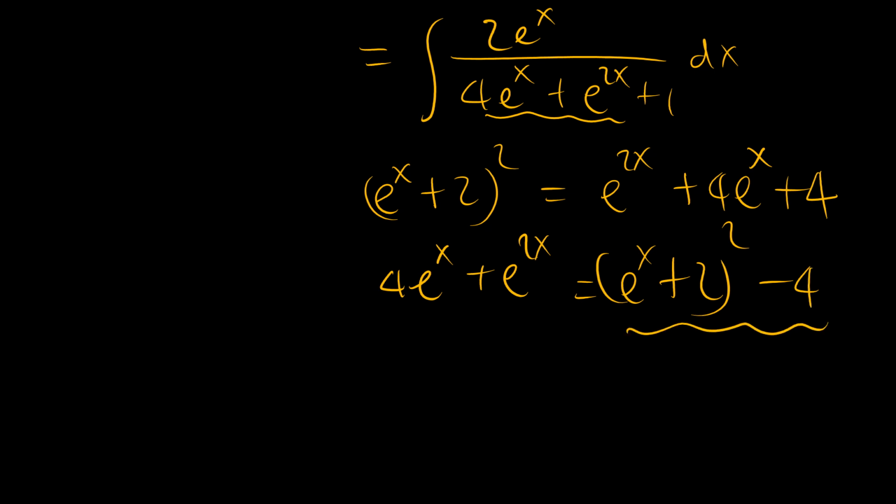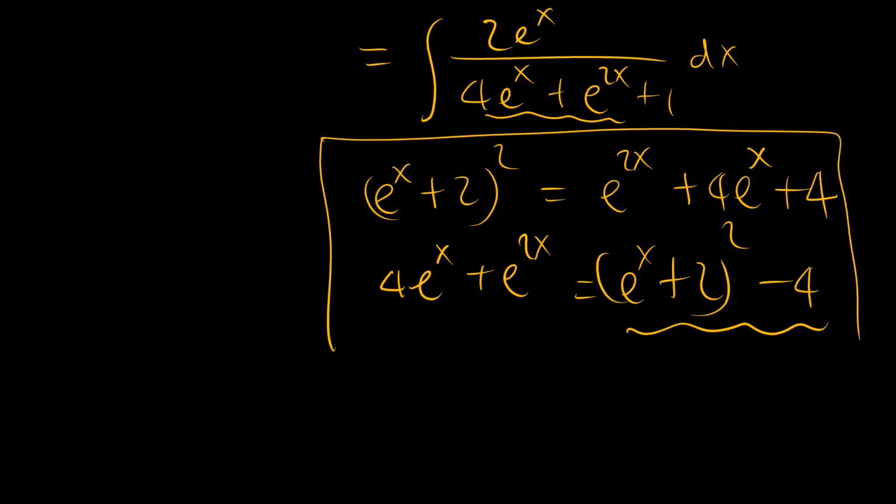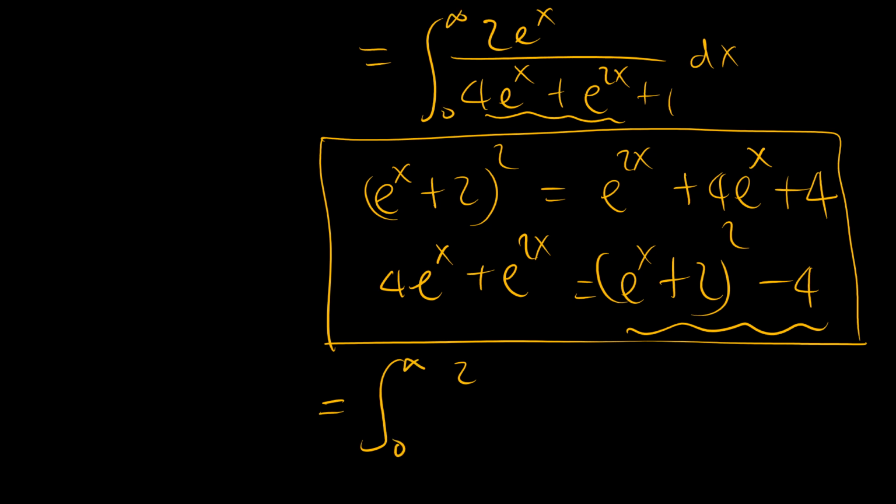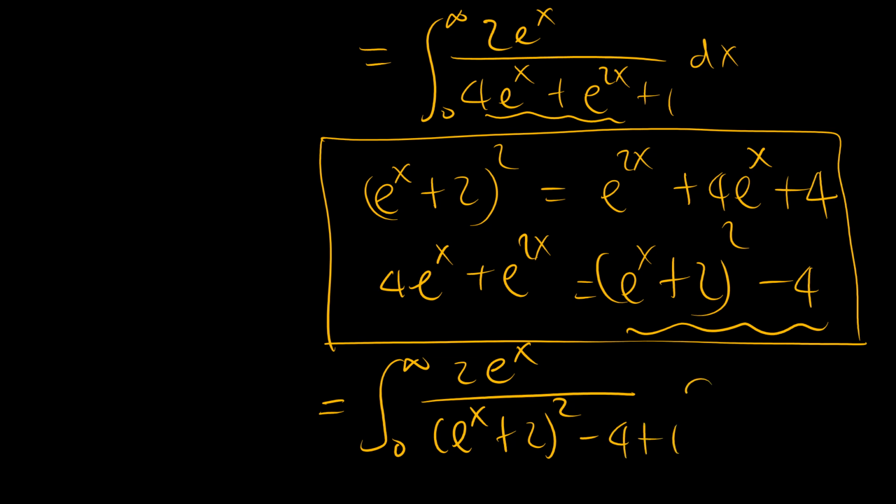So I can pull this part here and just plug that in there. So let me box that, right? So we have the integral from 0 to x tending to infinity of e to the power x over (e to the x plus 2) squared minus 4 plus 1 dx.